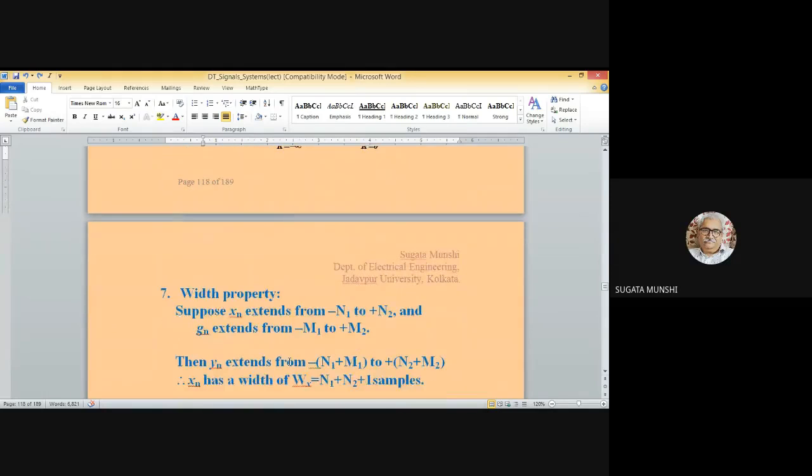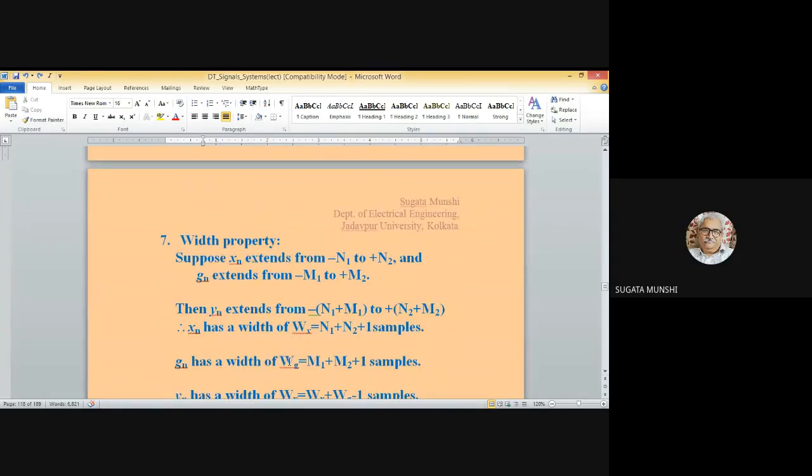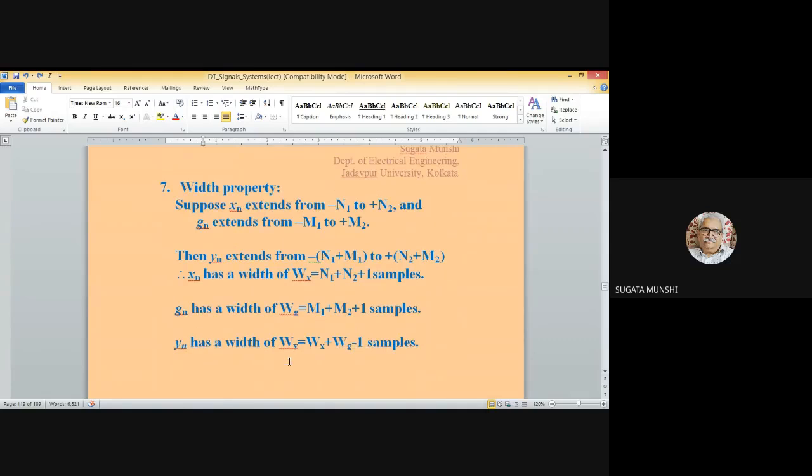This property you must remember carefully. This is called the width property. You had an identical property in case of continuous time convolution. Suppose you have the sequence x[n], which extends from minus n1 to plus n2, and a sequence g[n] which extends from minus m1 to plus m2.